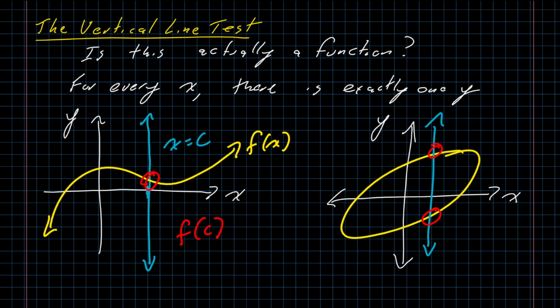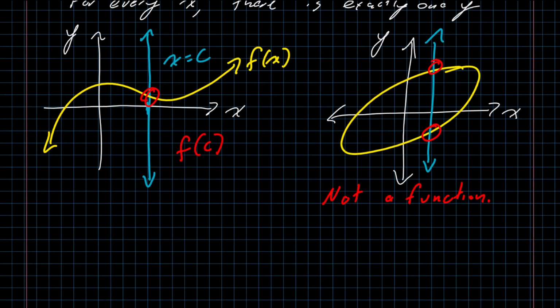And because that vertical line crosses the graph in more than one place, we don't have a clear answer for what is the value of the function at this point. So we know that this curve, while it could be an interesting curve, it is not a function. And the tools that we have for working with functions won't work, or won't work immediately, without having to do some sort of modification.